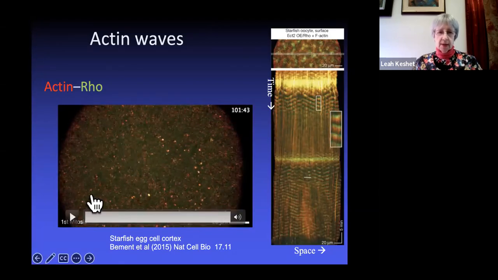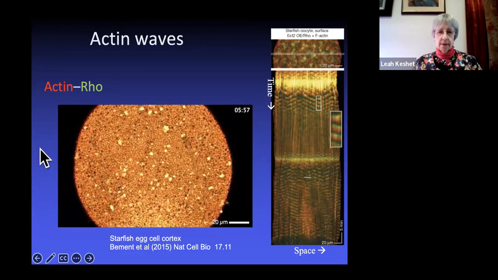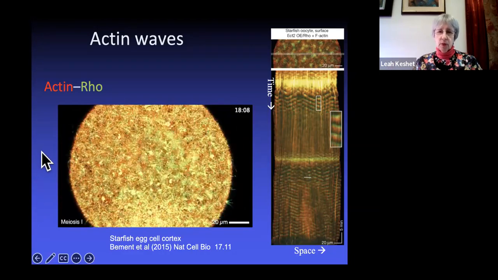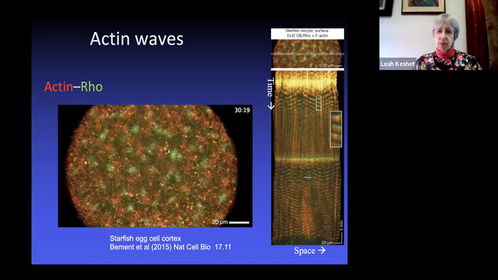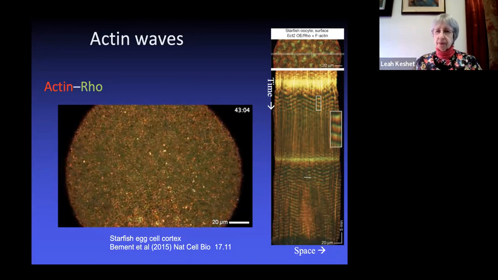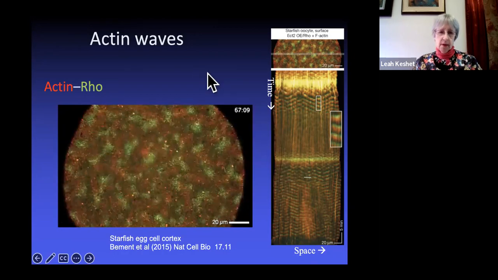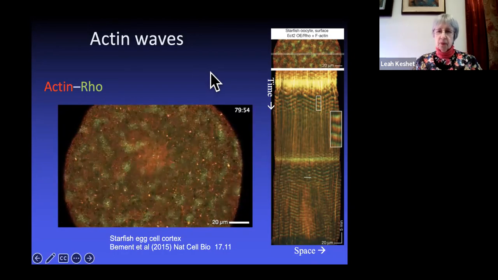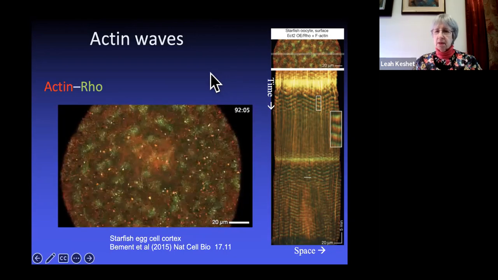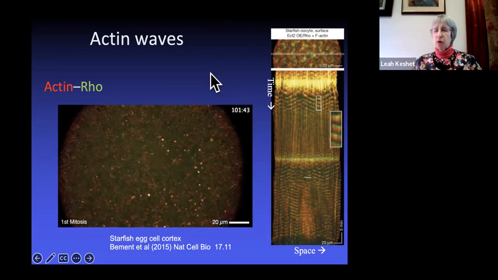Here what you're seeing is actin in red, and one of these signaling proteins, one of these GTPases, in green. The kymograph is shown on the right-hand side. So it's nice to see that these things actually occur biologically.